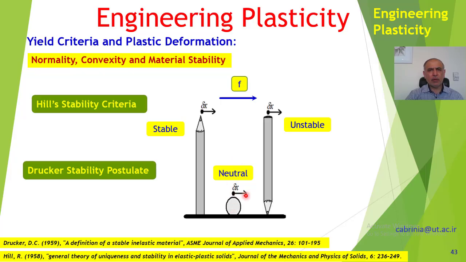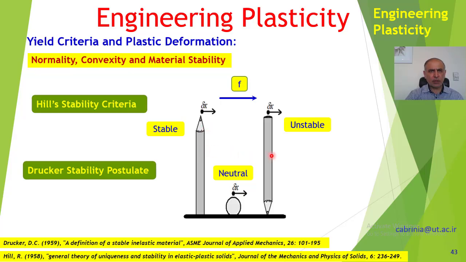What happens here? If we apply a force, it will move delta x, but it would not come back to its original place, and it will not change the position, because this is the position and this is another position. When we apply the force here and remove the force, it comes back to its original position.